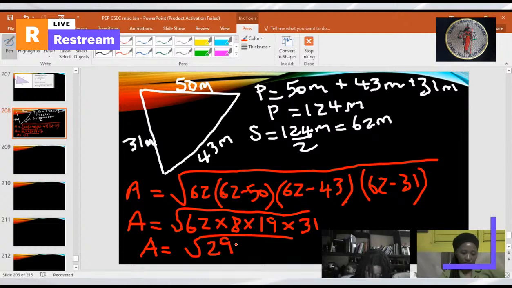And we're going to find the square root of that to get the area. So the area is 540.5 meters squared.